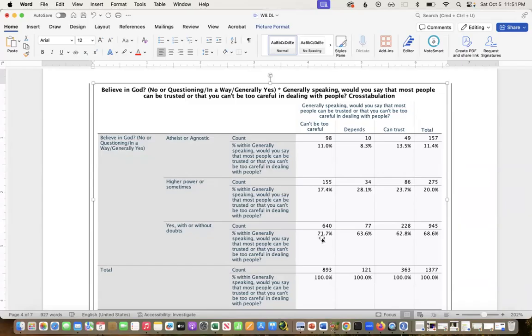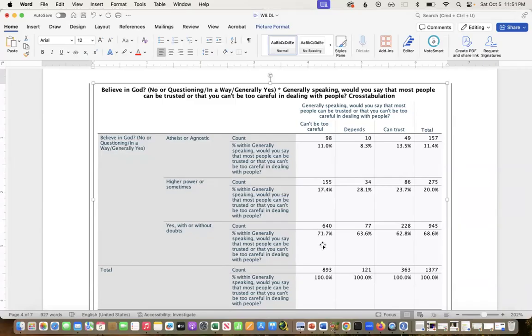So what we're seeing is that, to put this all together, the respondents who are less trusting of other people, about 1 in 10 more of them are likely to believe in God. As opposed to they're a little less likely, right, to then believe sometimes or just believe in a higher power.